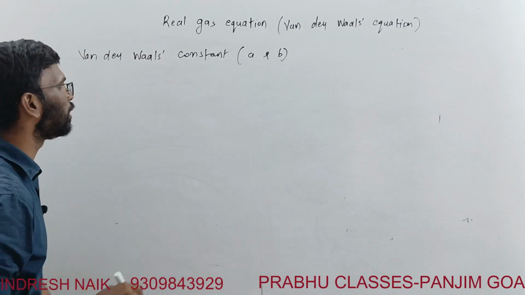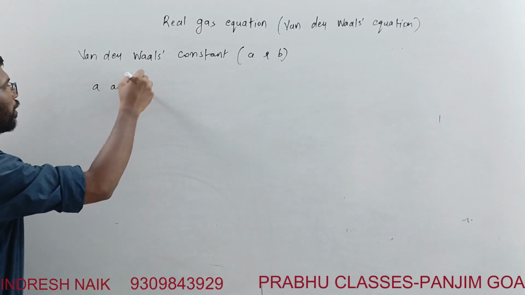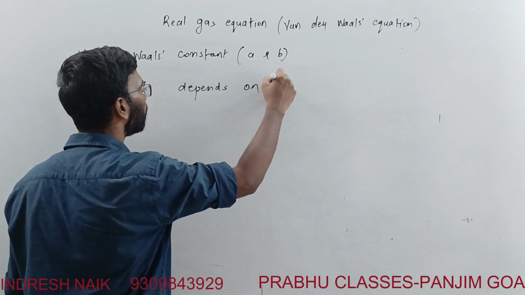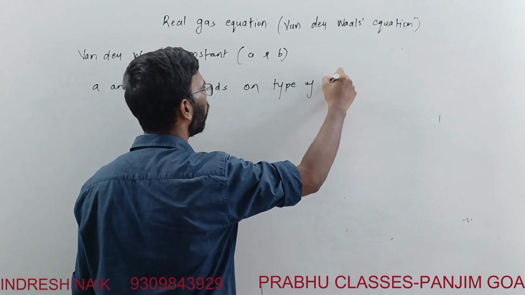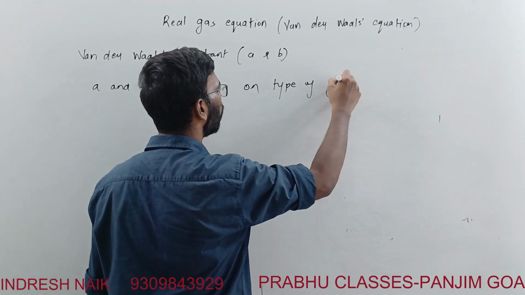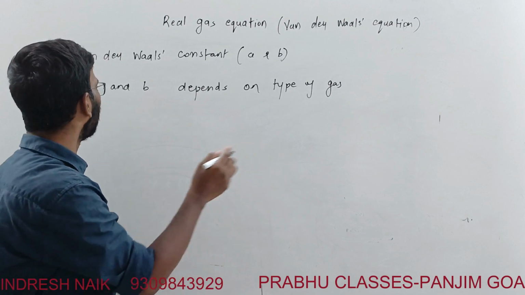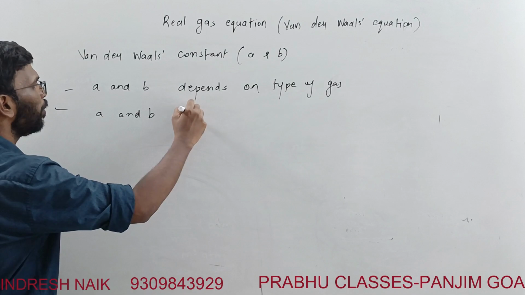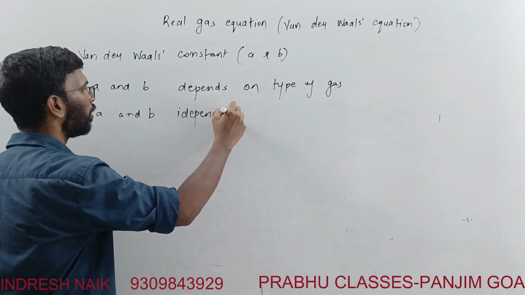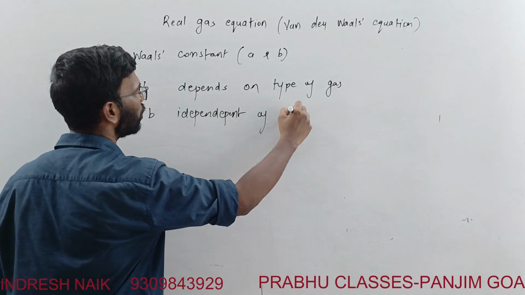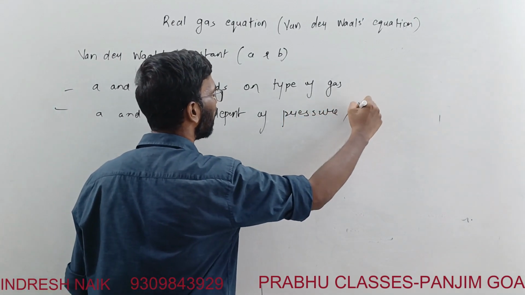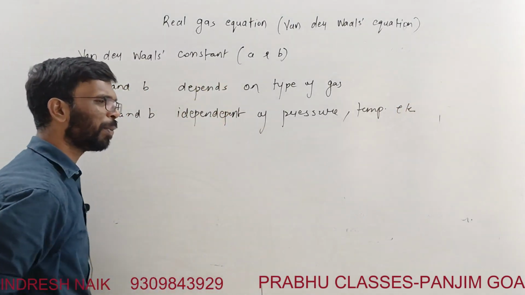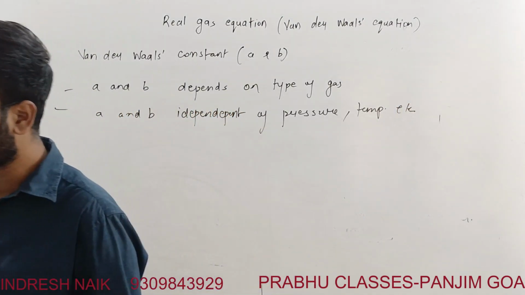So a and b depend on the type of gas, or we can say the nature of the gas, and they are independent of pressure, temperature, etc. All these parameters. So a and b are the parameters which depend upon the nature of the gas.